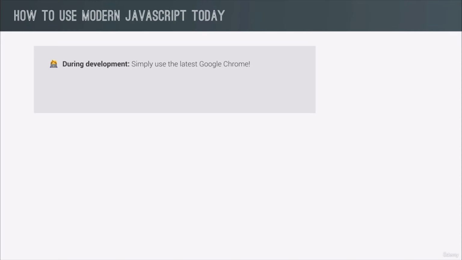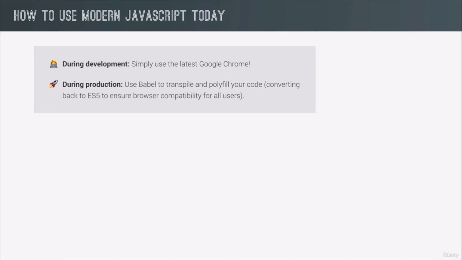The second scenario is production, which is when your web application is finished, you deploy it on the internet, and it's then running in your users' browsers. And this is where problems might appear, because this is the part that we actually can't control. We cannot control which browser the user uses, and we also can't assume that all our users always use the latest browsers, right?